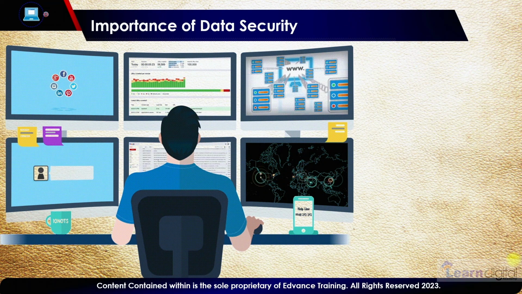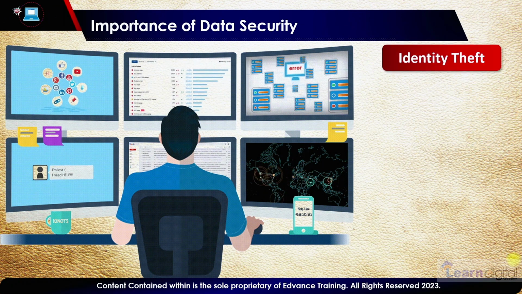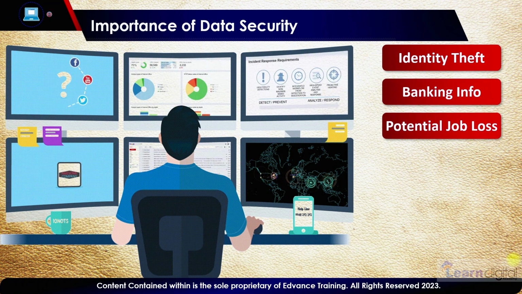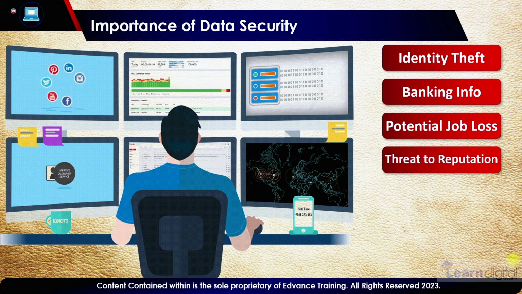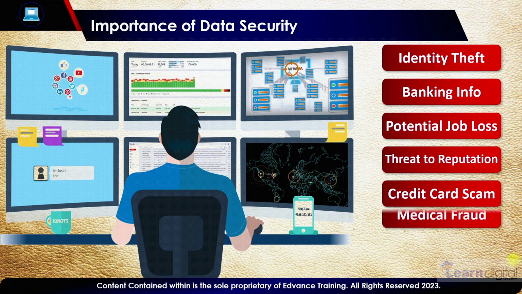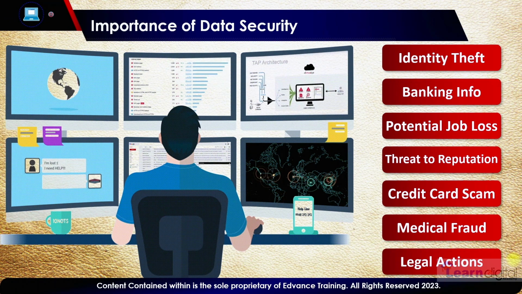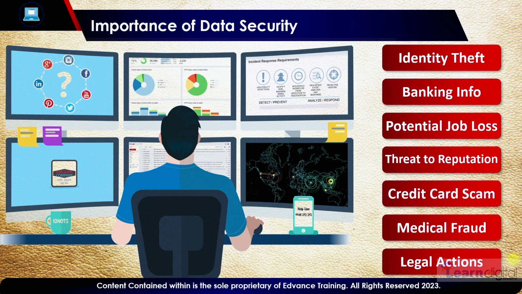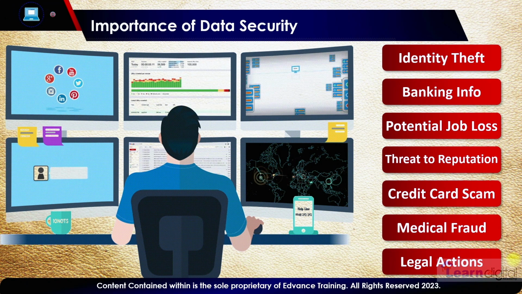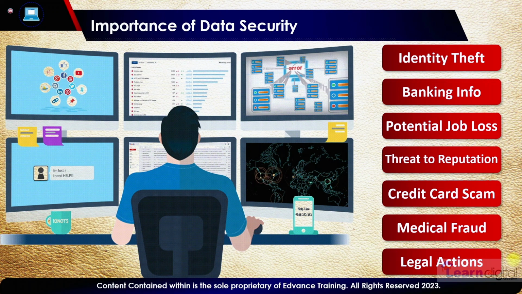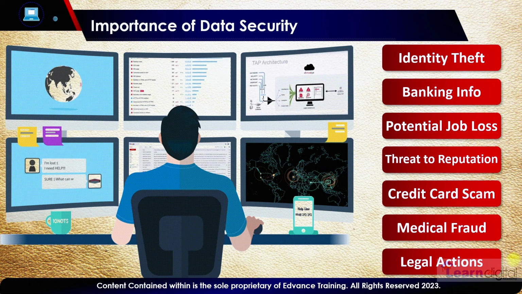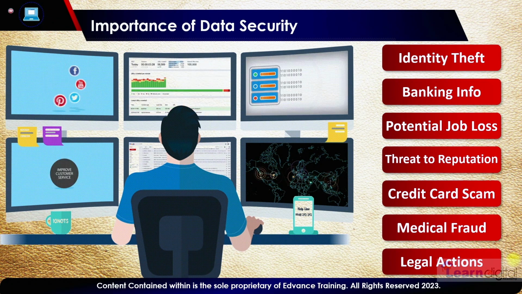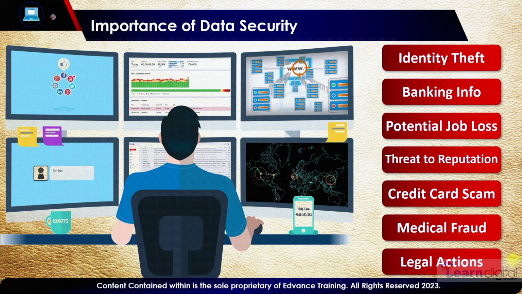So why is data security important? There is identity theft, banking information, potential job loss, threat to reputation, credit card scams, medical fraud, and many more, like legal actions. There are many reasons why data security is important to organizations in all industries all over the world. Organizations are legally obliged to protect customer and user data from being lost or stolen and ending up in the wrong hands.